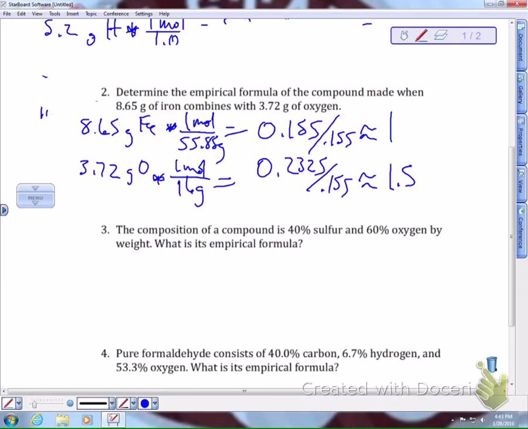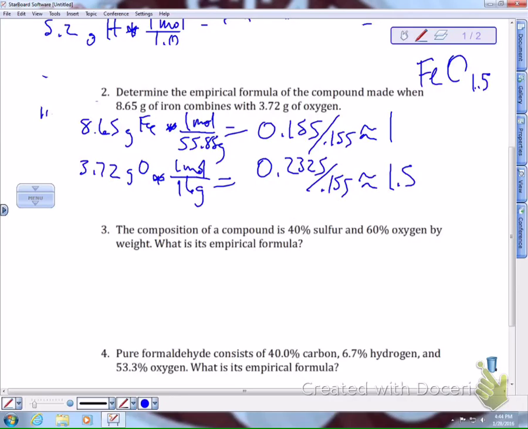Now if you didn't round it to 4 decimal places like I did here, you might have got something a little bit different than 1.5, like maybe a 1.49 something or 1.50 something. That's okay, just again the rounding. But I got exactly 1.5. So now my empirical formula could be FeO1.5.